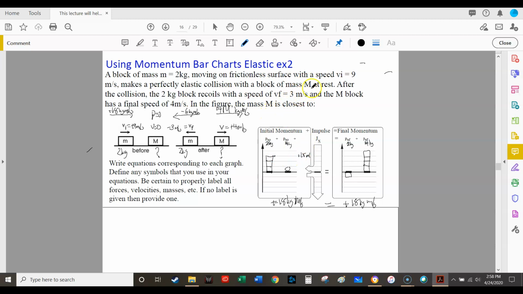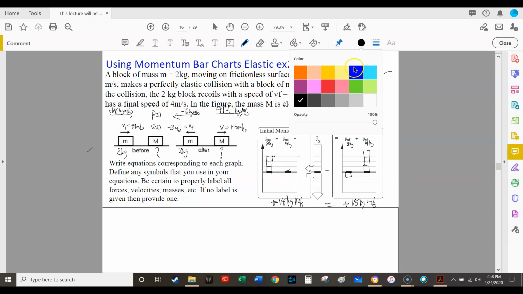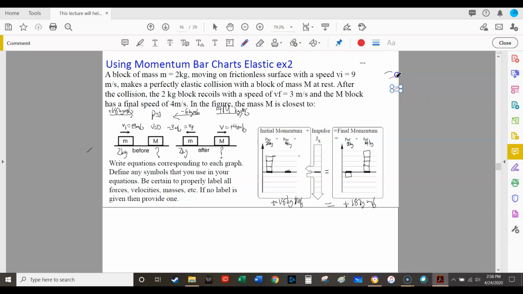So I'll use red to put that above this and try to fill in. So this is positive 18 kilogram meters per second.